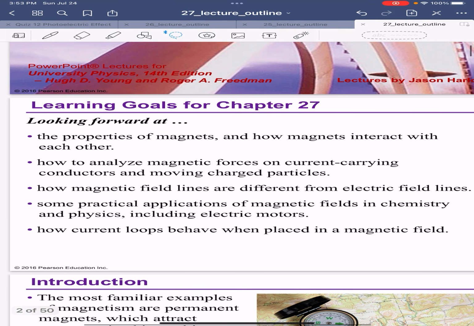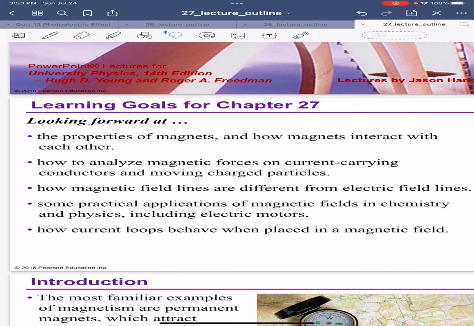One of the most important things in this chapter is that we are going to talk about magnetic forces and how they really affect moving charges and also electric currents.